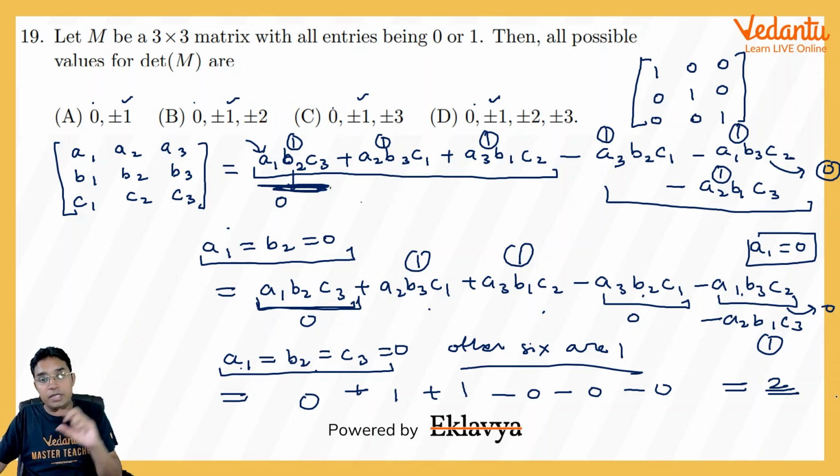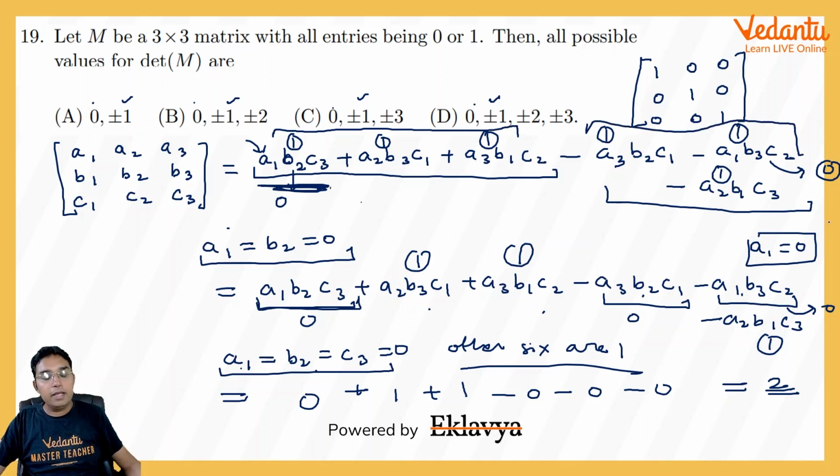Now the question is whether 3 is also possible or not. In that case, if you want 3, that means I want these ones to be intact, but I want these 3 to be 0, 0, 0, isn't it? Then only I can have 3. But for that you have to make at least one element of these 3 terms 0, so that they become 0, 0.